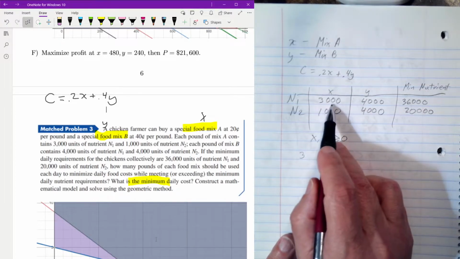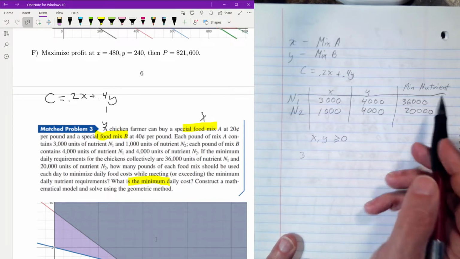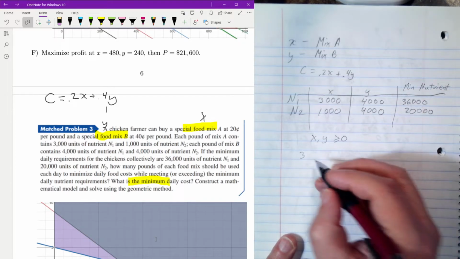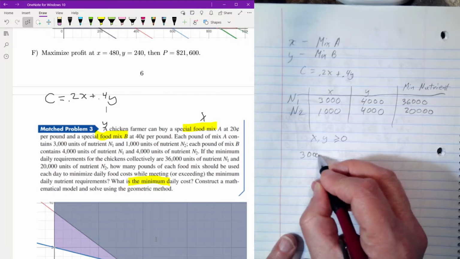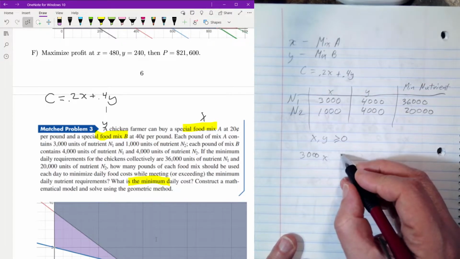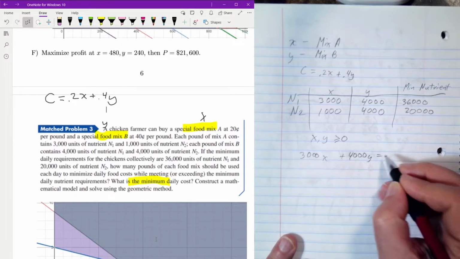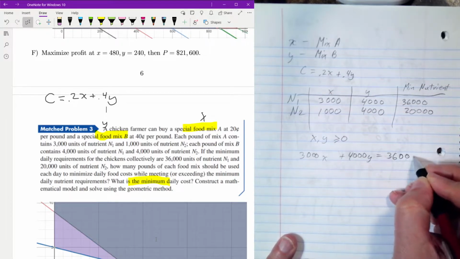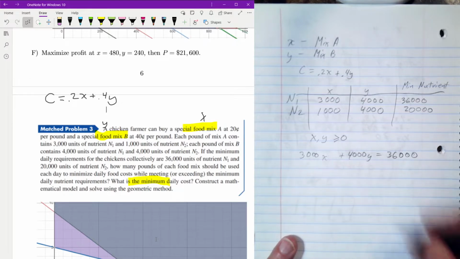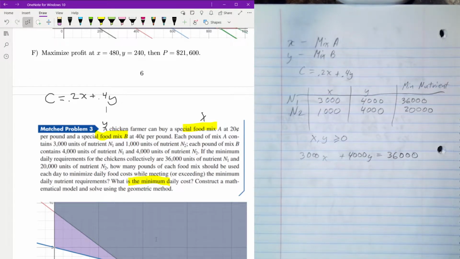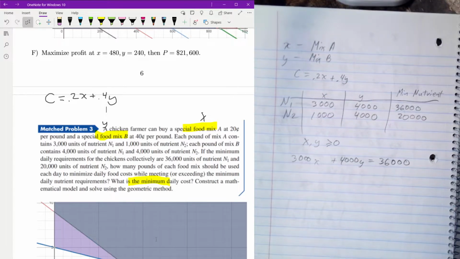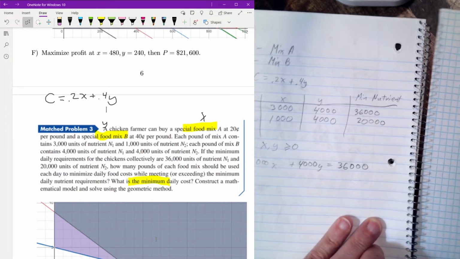I'm just going to drop the 1,000 right now, and we can always add it back on. 3,000x plus 4,000y equals 36,000, right? Oh, sorry, not equals. It needs to be, what is it? Less than or equal to. Yes? So it needs to be less than or equal to. And I don't know where my eraser is. There it is. It's hiding.